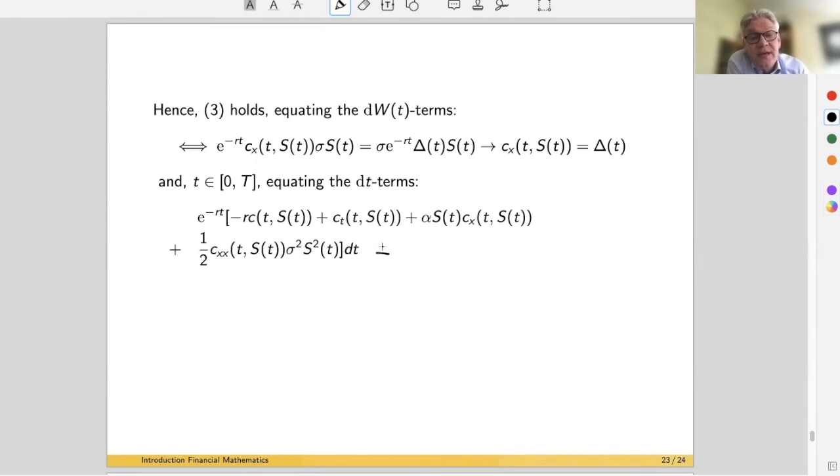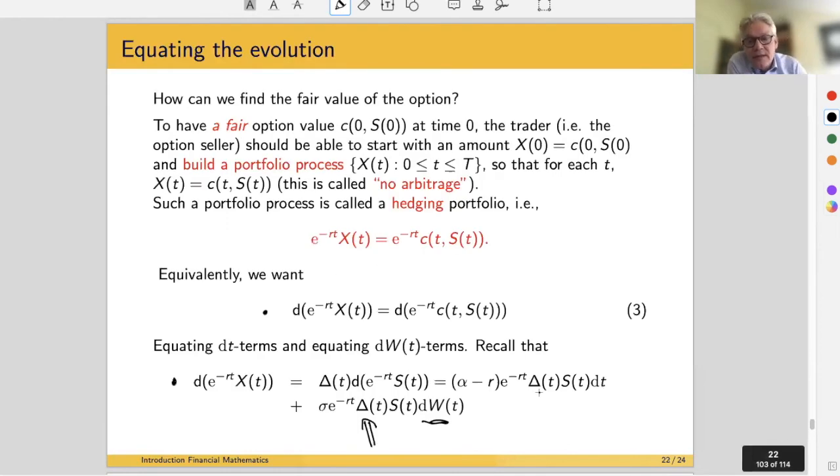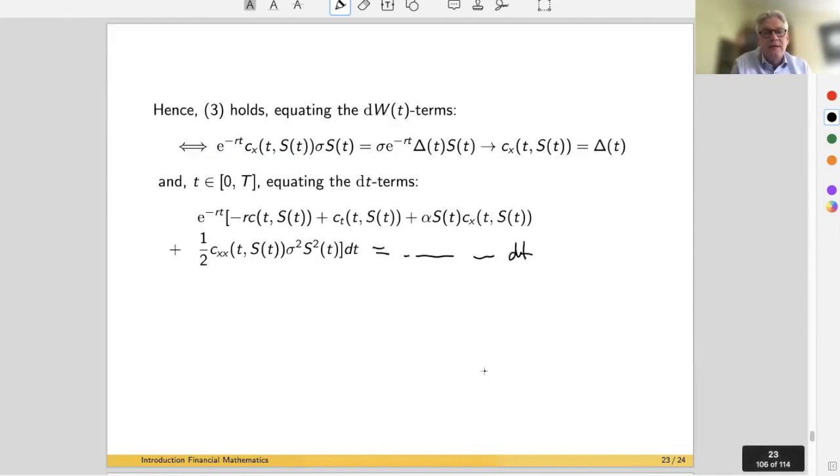And that should be equal to the dt term in the discounted portfolio value. And that was equal to alpha minus r, e to the power minus rt, times delta_t S_t dt. You can see that over here. This is the dt term here, and equating the dt terms tells us that this should hold.